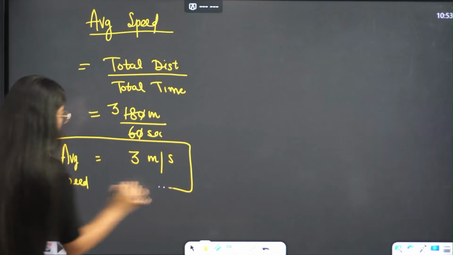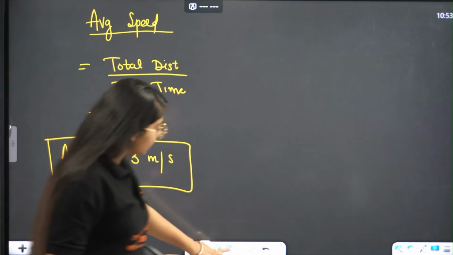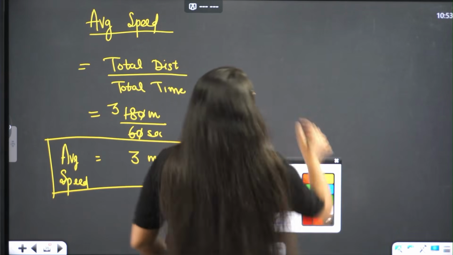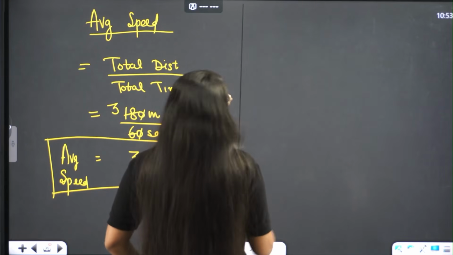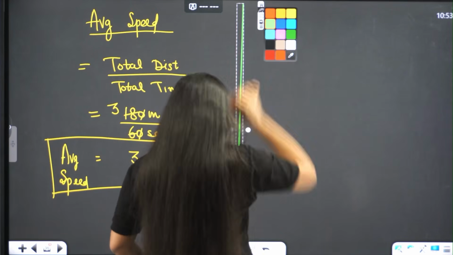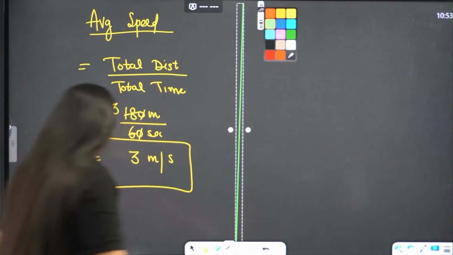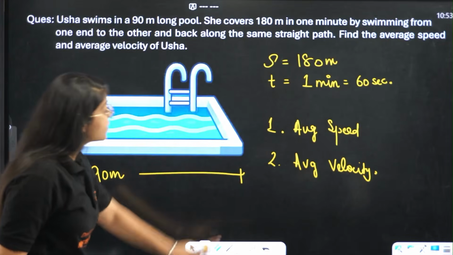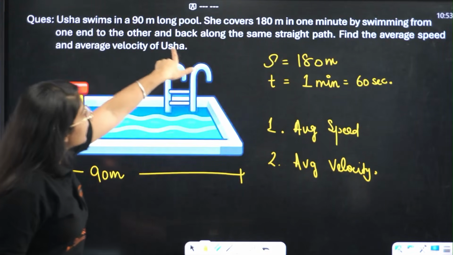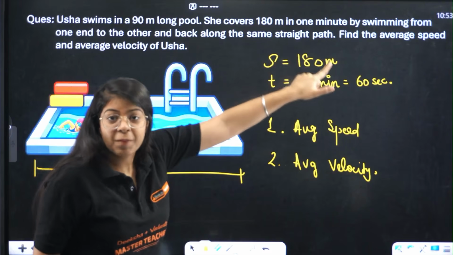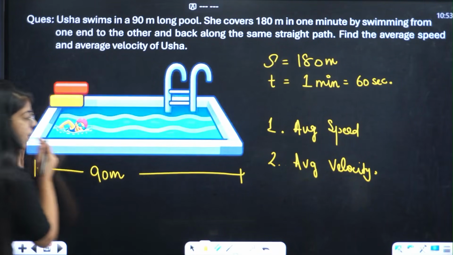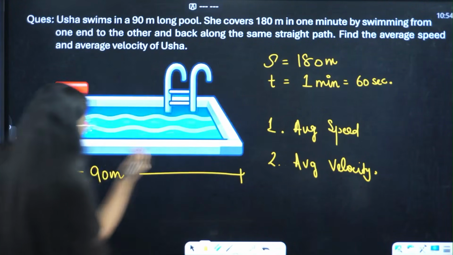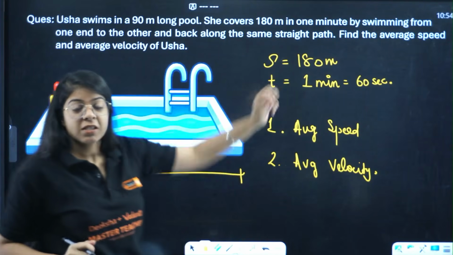Now the tricky part comes. The tricky part is, now you have to find velocity, average velocity. How will you find average velocity? Let's just look at this for a moment. When they say that she came back along the same straight path, if she started from here, she went till here 90, she came back 90. So the distance is 180.